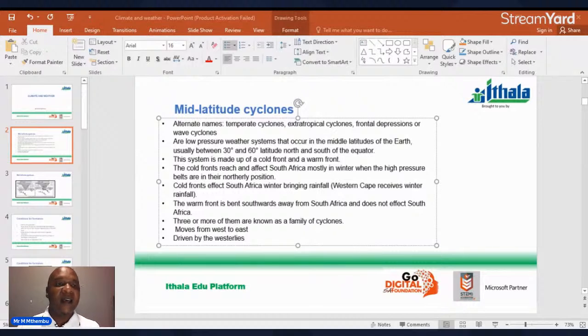Okay, let us look at some stages that are there in the mid-latitude cyclone. It's very important to know the stages. So I will tell you later on which stages are more important than the others. The initial stage shows the start, when the mid-latitude cyclone is starting. So pay careful attention to the hectopascals.